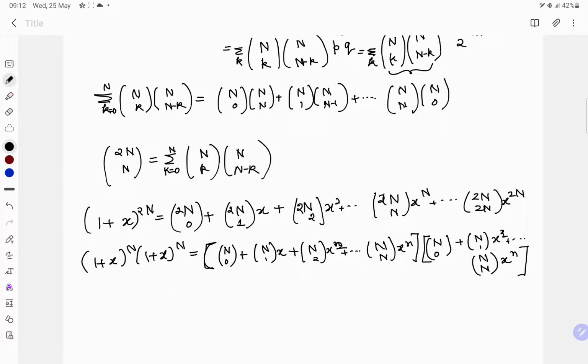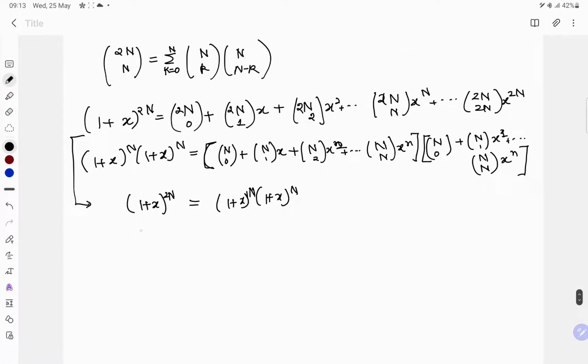Now if you compare the power x to the power n from both sides, since these two are equal, (1 plus x) to the power 2n and (1 plus x) to the power n times (1 plus x) to the power n, let us compare the coefficient of x to the power n. From this side the coefficient will be 2nCn.